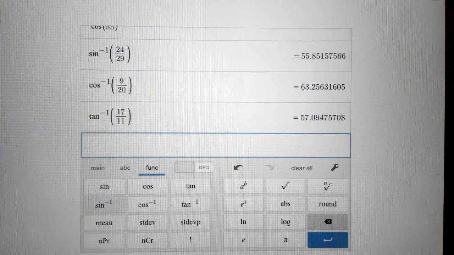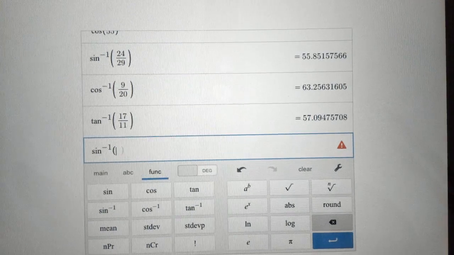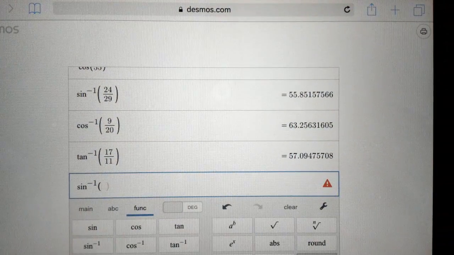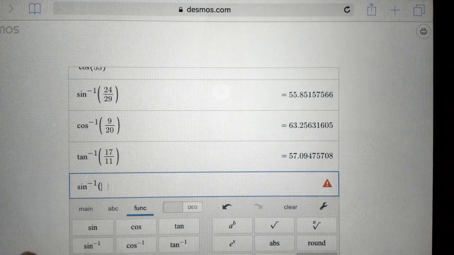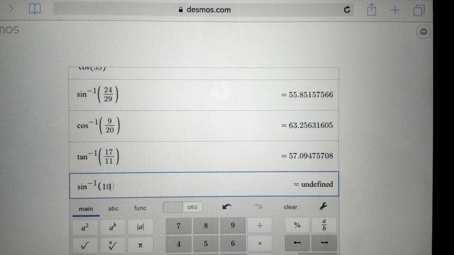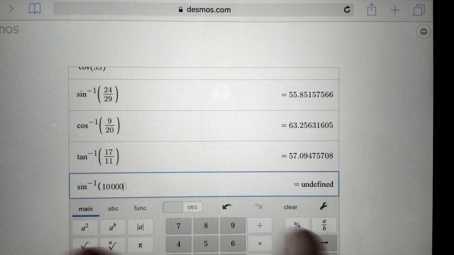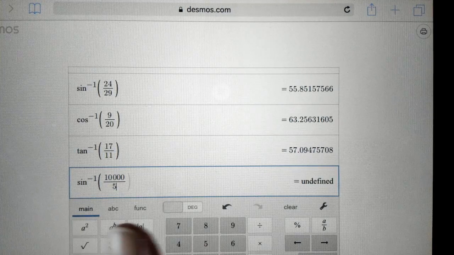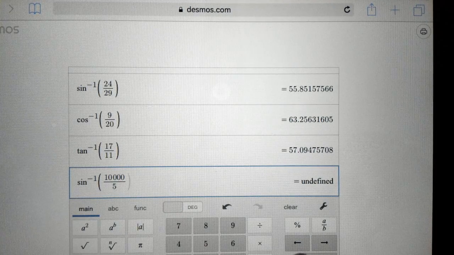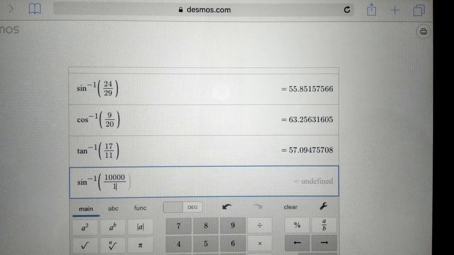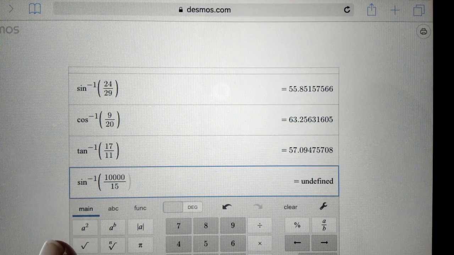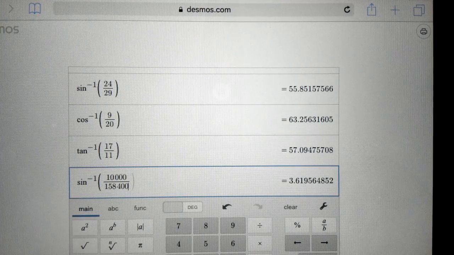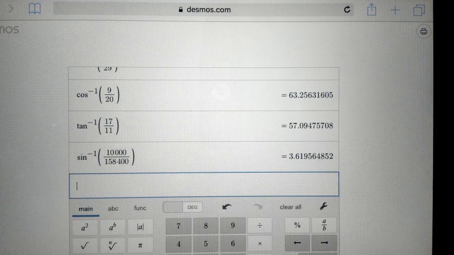We need inverse sine, and we had, all right, let's look at our numbers again. 10,000 divided by 158,400. And my calculator says that's about 3.6 degrees.